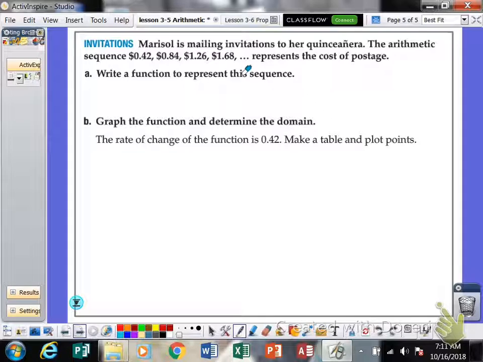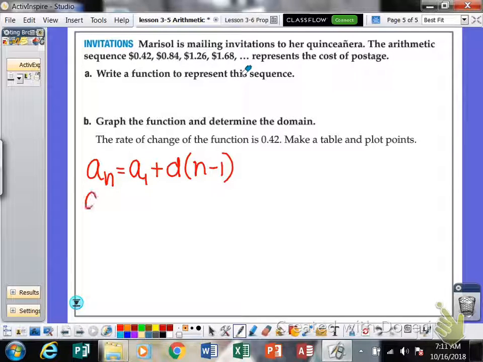So I'm going to kind of come down here and do part A down here. So we have a sub n equals a sub 1 plus the common difference, and then your n minus 1. So a sub n would equal our first term, which is 0.42, plus the common difference, which is 0.42, times n minus 1. And then we simplify that.